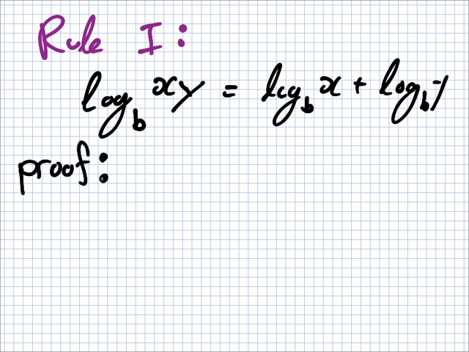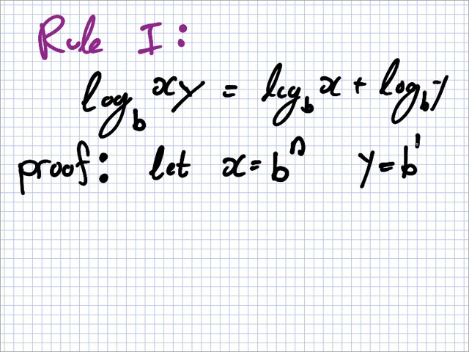Okay, so the proof will start off by saying let x equal b to some power, and let y equal b to some power. Now we don't know what these numbers are, but it's possible to do. Like what we did in the previous example, for example here, if x was 16, then we could say 16 is 2 to the power 4.